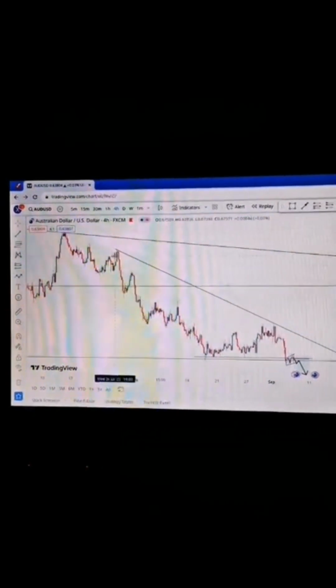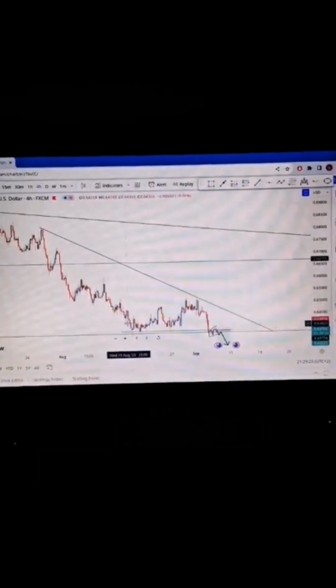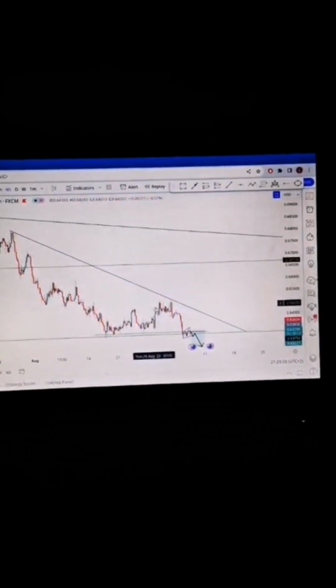So let me just recap on AUD USD quickly. The reason why I say it's going to go down is because currently on the daily time frame we have a downtrend, but then on the 4-hour time frame we also have a series of lower highs and lower lows, which we have been respecting. This looks like a correction phase where we had gotten down to the lower low, then started correcting all the way back up to create a lower high.